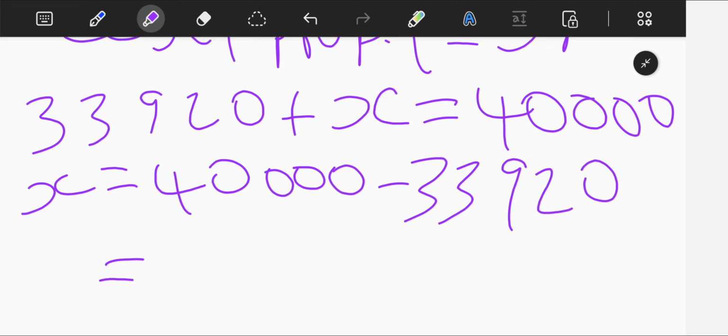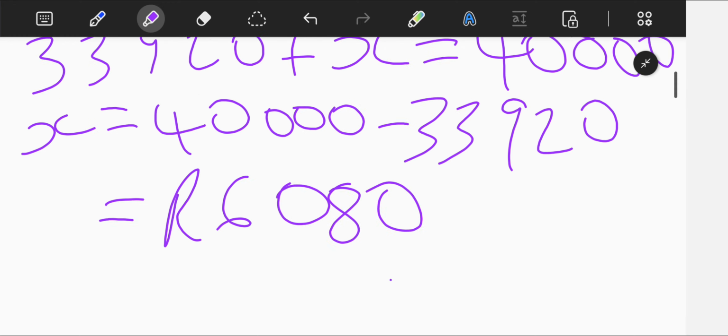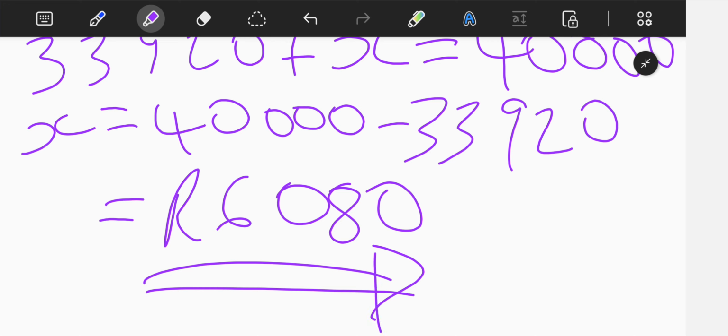We get our 6,080, which is our profit for this asset that has been sold. If the answer was negative, it was going to be a loss. But now we have made a profit.